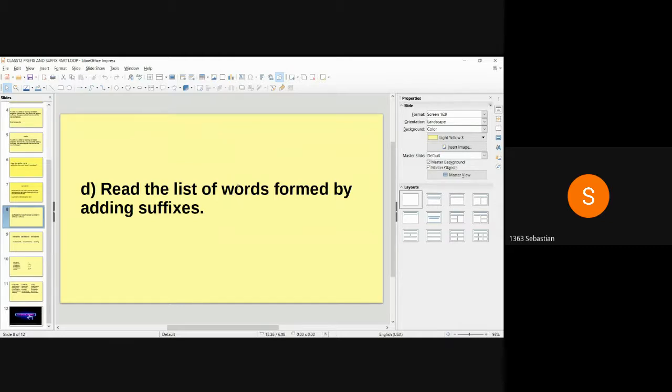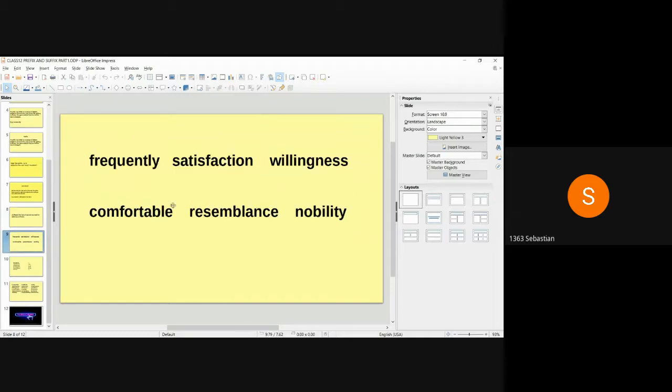Exercise D. Read the list of words formed by adding suffixes. 6 words are given. They are frequently, satisfaction, willingness, comfortable, resemblance, nobility.